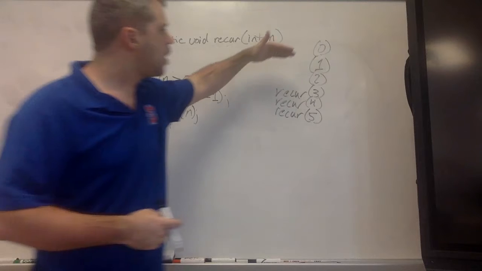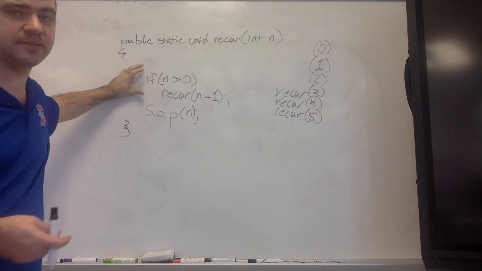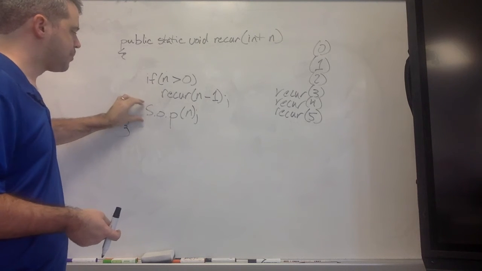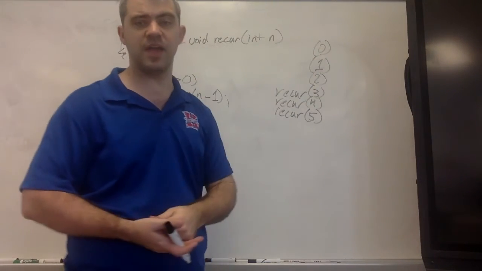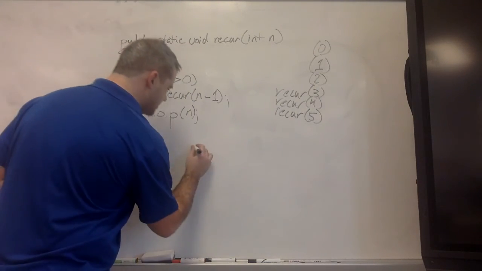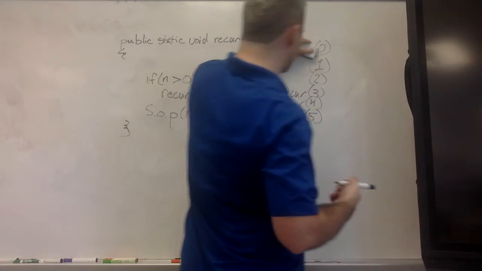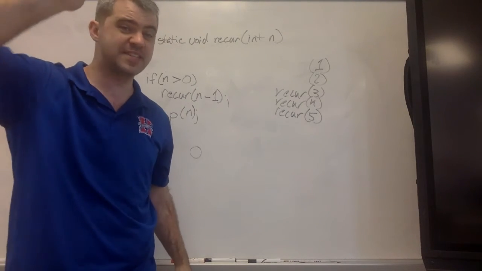And then when we hit 0, this guy doesn't run. We get to skip this. And then we print out the value of n. Well, what is the value of n right now? It's 0. And now that this one has resolved, we get to resolve the next one on the top of the stack.